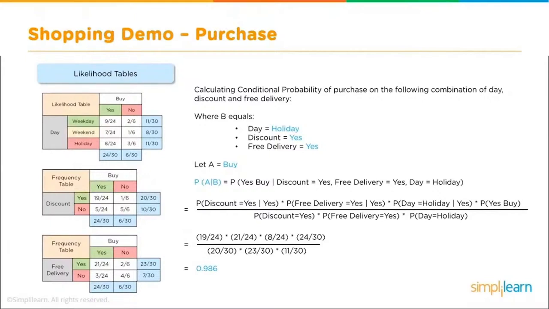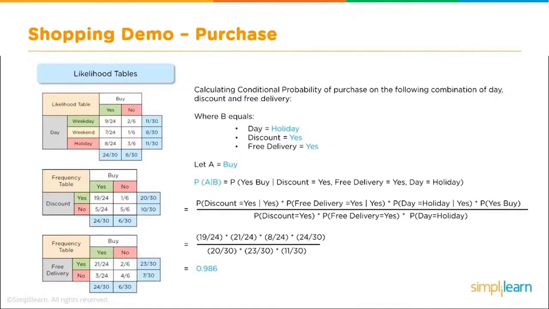And when we plug this all into that formula and multiply it all out, we get the probability of a discount, the probability of a free delivery, the probability of the day being a holiday, times the overall probability of it being a purchase, divided by, again multiplying the three variables out, the full probability of there being a discount, the full probability of there being a free delivery, and the full probability of the day being a holiday.